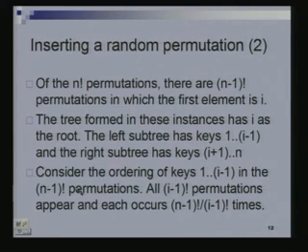There are n minus 1 factorial permutations in all, and there are I minus 1 factorial permutations of the elements 1 through I minus 1. There is no reason why one of these permutations will occur more often than another, so each of them is equally likely. So, how many times is each one of them occurring? N minus 1 factorial over I minus 1 factorial times.